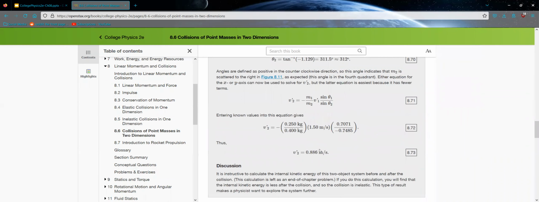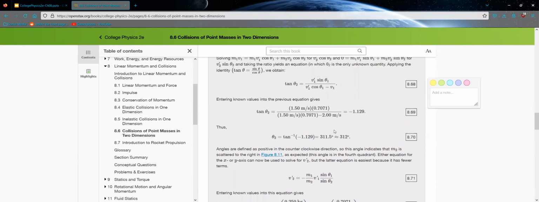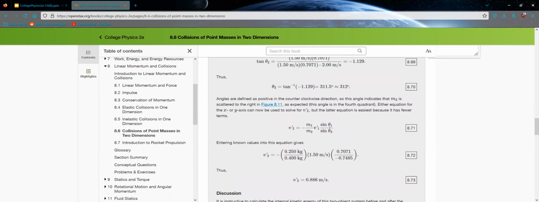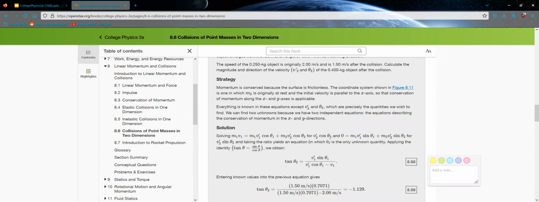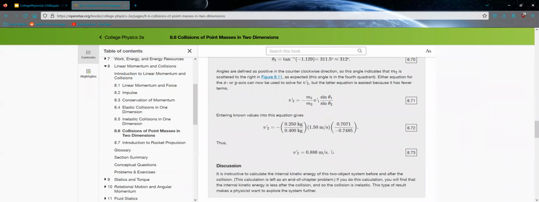Once I know the theta of the second object, I can plug it into my main equation here and solve for v2 prime instead of theta 2, and it's pretty simple math.